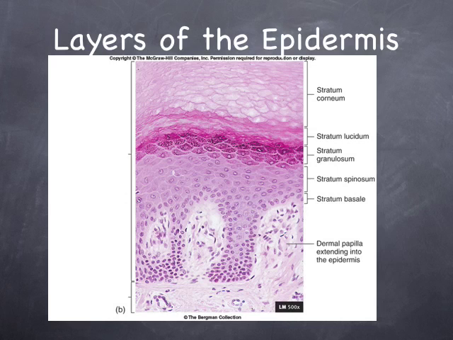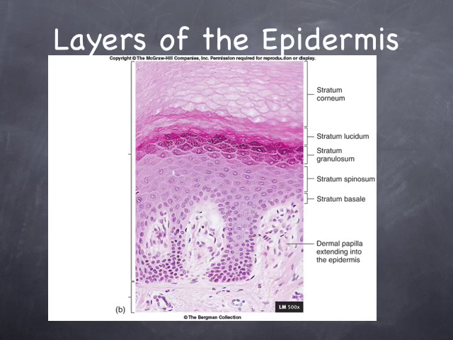Now, I should qualify this by saying most of the skin on your body only has 4 of these layers. There are a couple of special places where the 5th layer is also present. So I'm going to start by highlighting the 4 layers that are found in most of the skin in your body. Let's start right down here at the bottom.